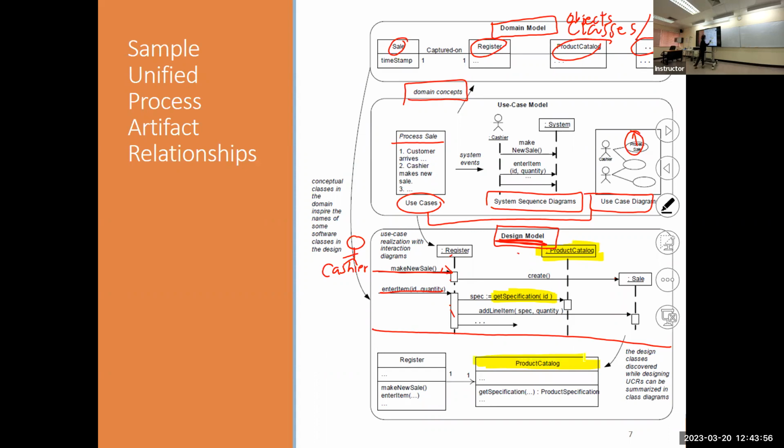And that means if you say in your sequence diagram that your product catalog can perform this method or function, then in your class diagram, when you make a design, we'll talk in detail about the class diagram soon, but this is to show the alignment: product catalog must have the method get specification as well.